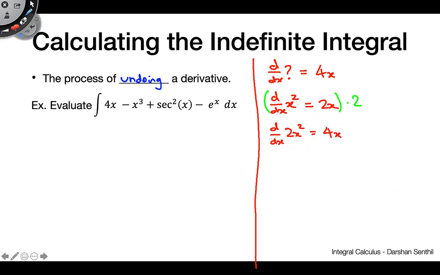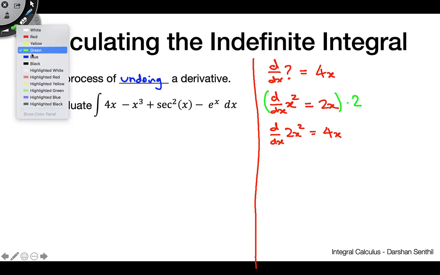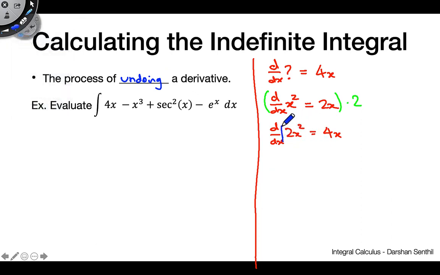What we've calculated here is our first antiderivative. It's a function such that when I take its derivative, it gives me this original 4x that I'm looking for. So the antiderivative of 4x is going to be 2x squared. Awesome.